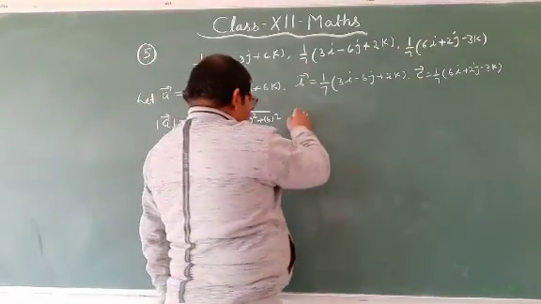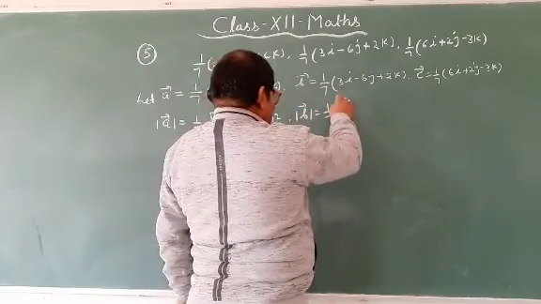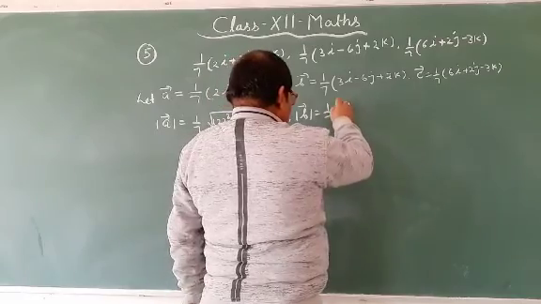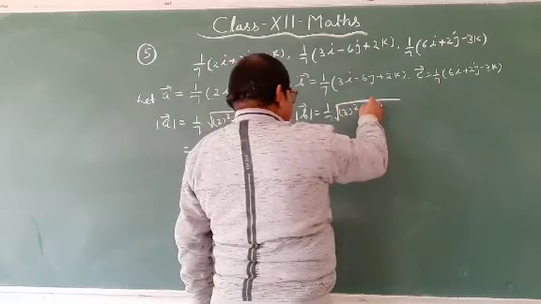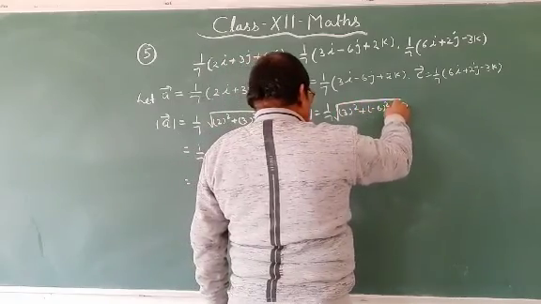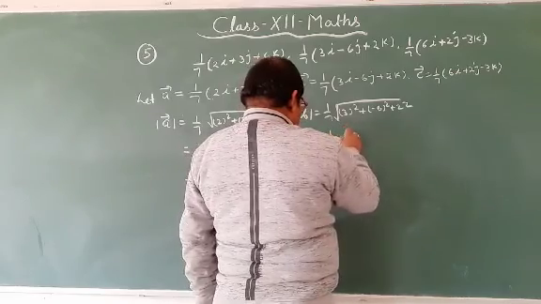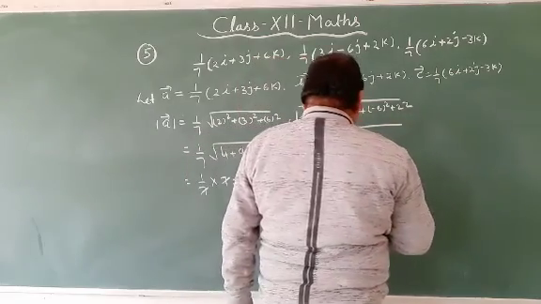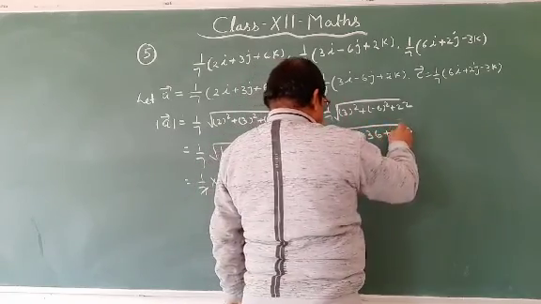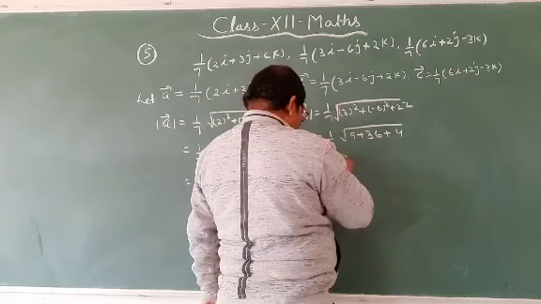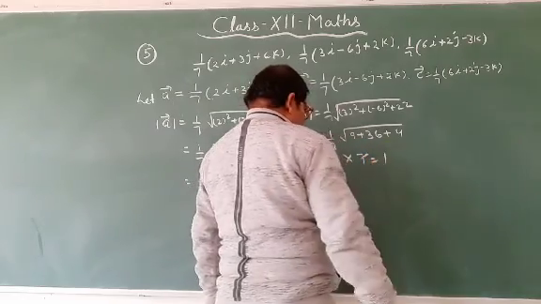Similarly, the modulus of vector B is 1 by 7 under root 3 square plus minus 6 square plus 2 square, which is 1 by 7 under root 9 plus 36 plus 4, equal to 1 by 7 into 7, that's equal to 1.